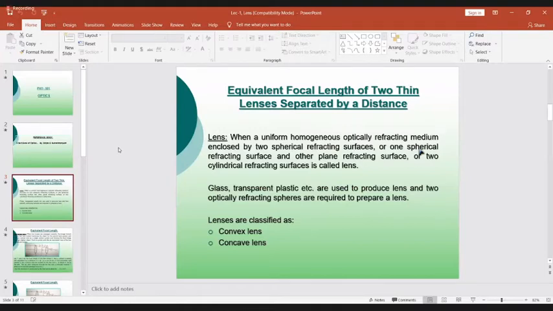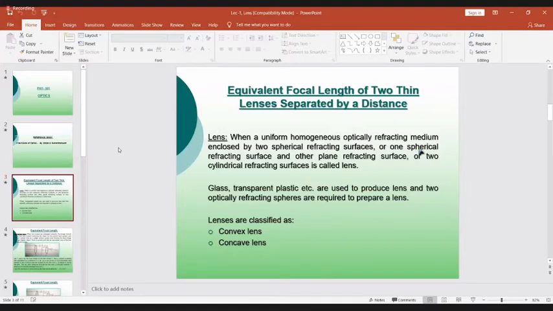Or two cylindrical refracting surfaces is called a lens. Nowadays, basically glass, transparent plastic, etc. are used to produce lens.